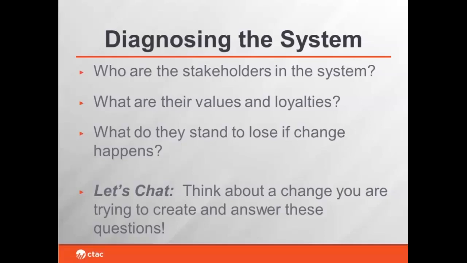For example, maybe you're the person who always solves the crisis, and you're known as the crisis whisperer. But if the organization were to function more effectively, you might lose that status and that unspoken role as the crisis whisperer, right? So everyone in the system has values and loyalties, and we want to examine what they would lose if the change actually happened.